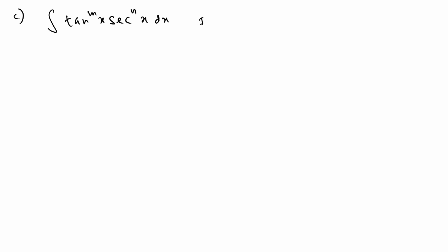If n is even, then we're going to pick u equal to tan x. The reason is if you look at the derivative of this one, it's going to be secant squared x.